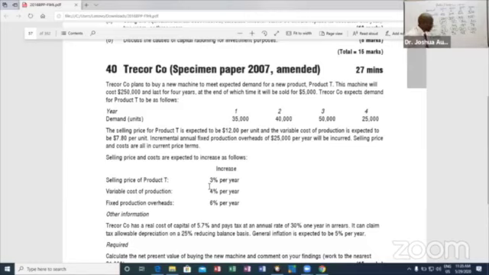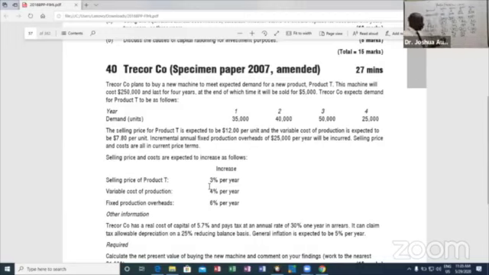Ladies and gentlemen, 30% of 59, 0.3 times 59, gives us 18. Remember, you're writing in whole numbers. Then we have 0.3 of 96, which gives me 29.